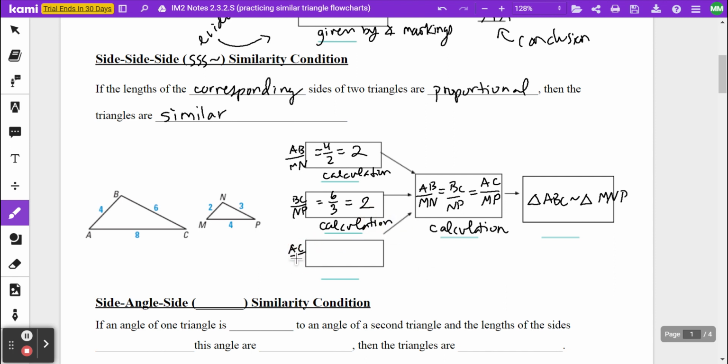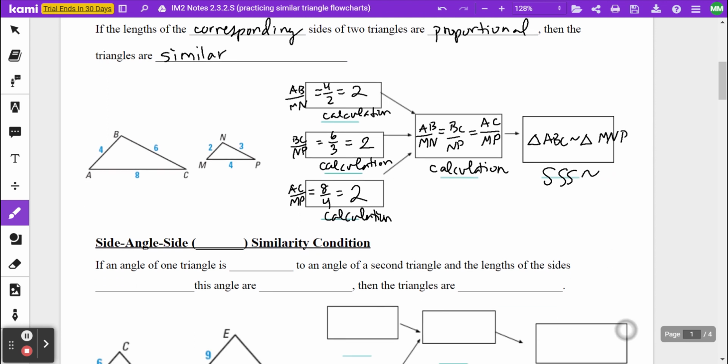Is AC over MP, which is 8 over 4, also equal to 2? Yes, it is. Yay! So each of the corresponding sides have equivalent ratios, so this chain of proportions is true, which is great. Now I can say that triangle ABC is similar to triangle MNP, and I forgot my justification. It's SSS similarity.